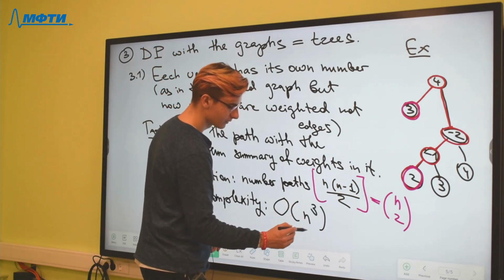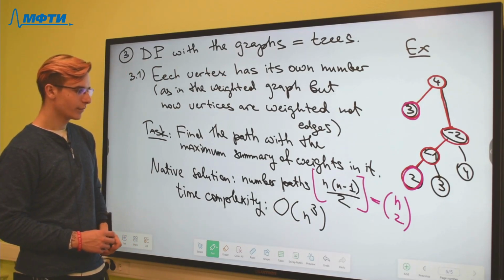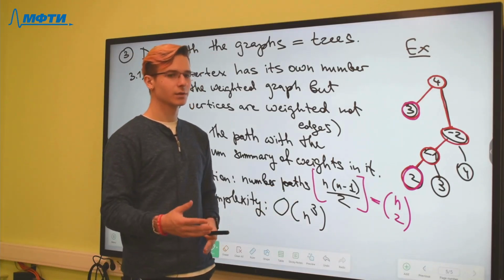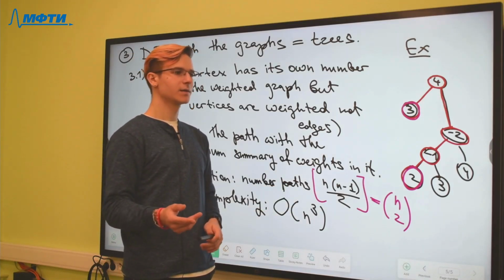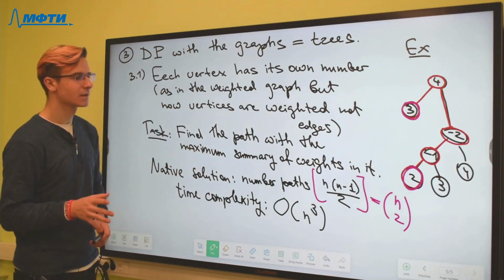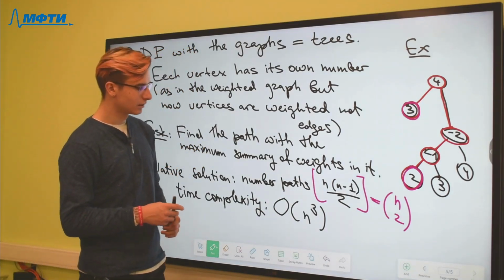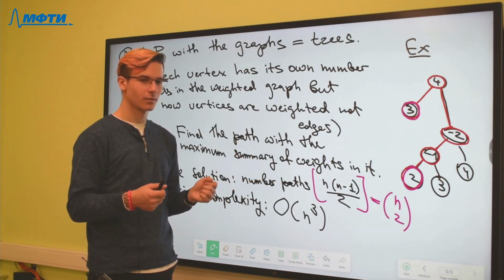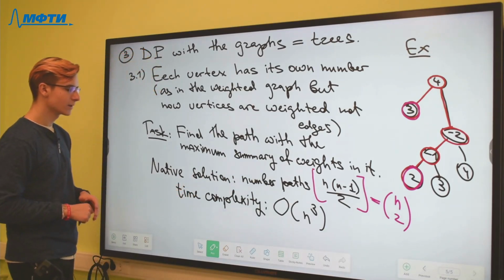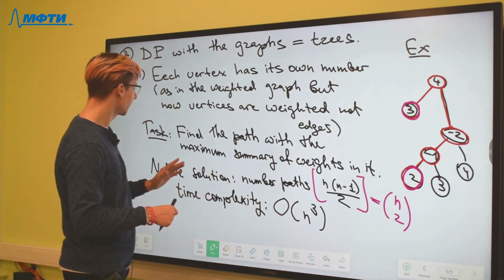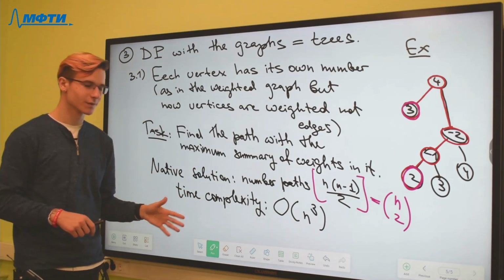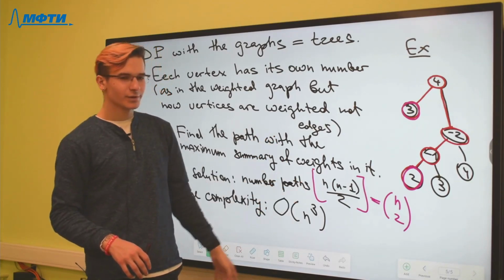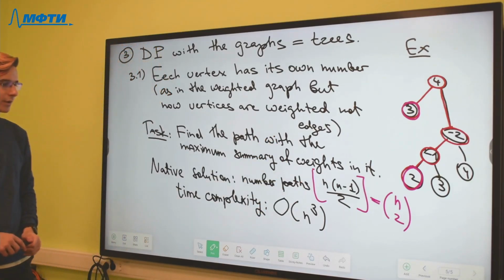In the worst case, we spend n to the power 3, because n squared is the asymptotic number of paths, and for several paths we spend nearly n time to find the sum of weights. So it is the time complexity of this algorithm, and it's very big, because n can be a billion, for example, and a billion in third power is very big.